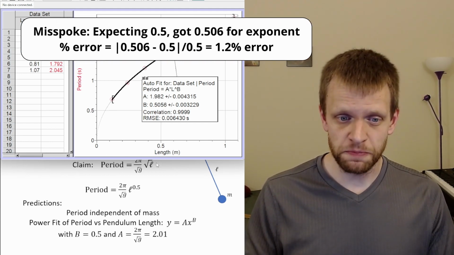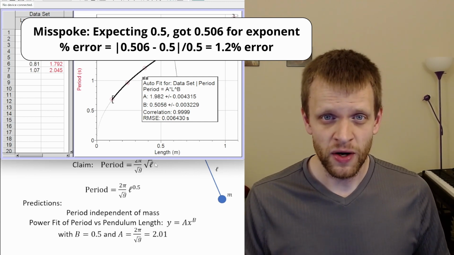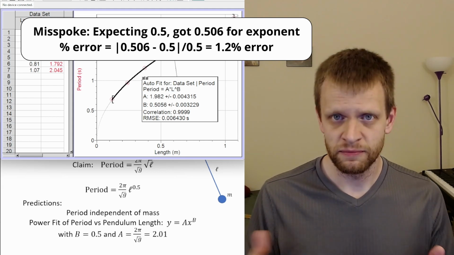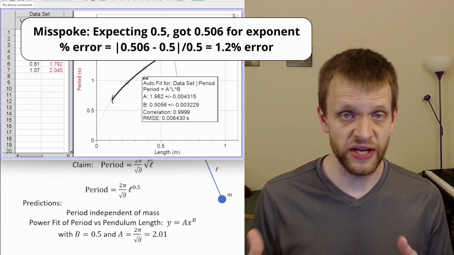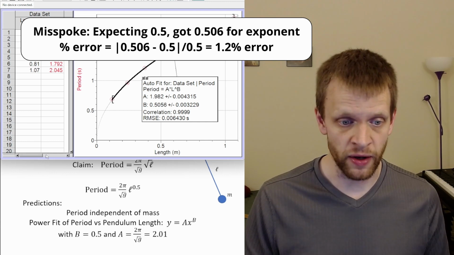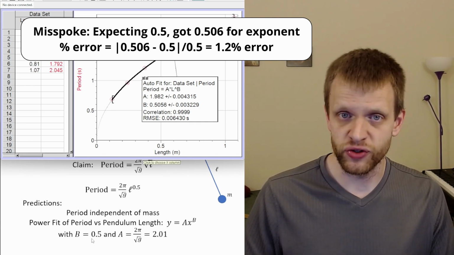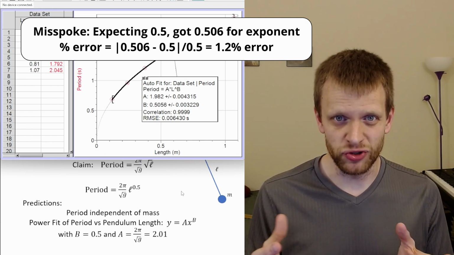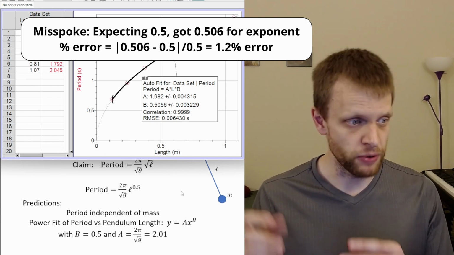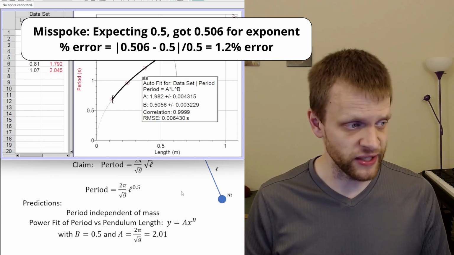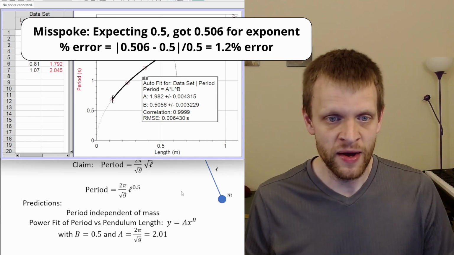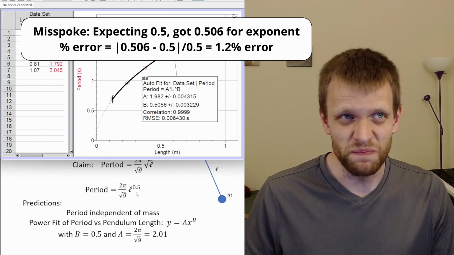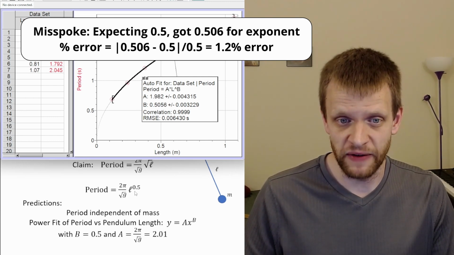So we were expecting 0.5, we got 0.506, and when we do the percent error on what we got compared to what we were expecting to get, it looks like we've got a match to within just over 1%. In post, I'll show that calculation on the screen, so that for that exponent, we got within 2% of the expected value.